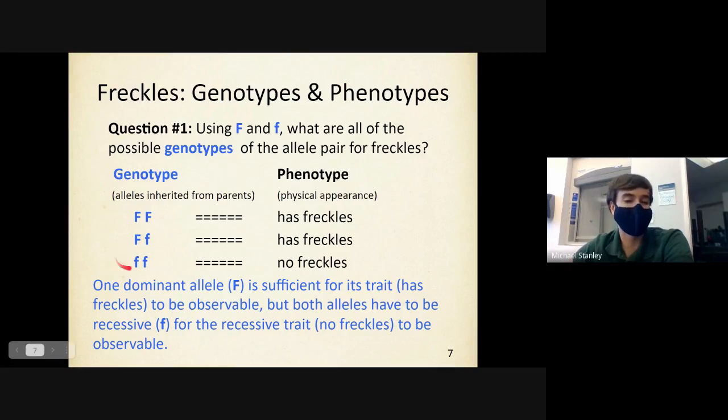Only people with the recessive trait, 2 little f's, are the only ones that will not have freckles. So one dominant allele is enough for the trait to show up, but if you want the recessive trait to show up, you have to have 2 recessive alleles. There cannot be any dominants there.